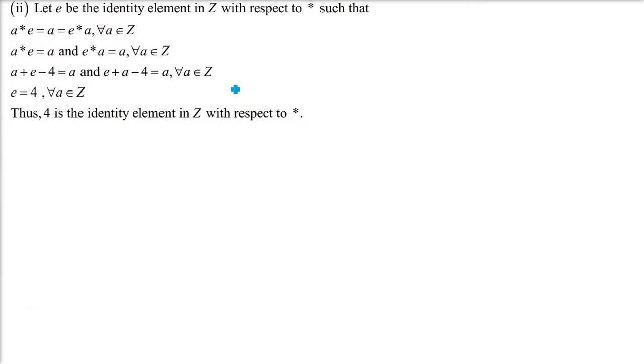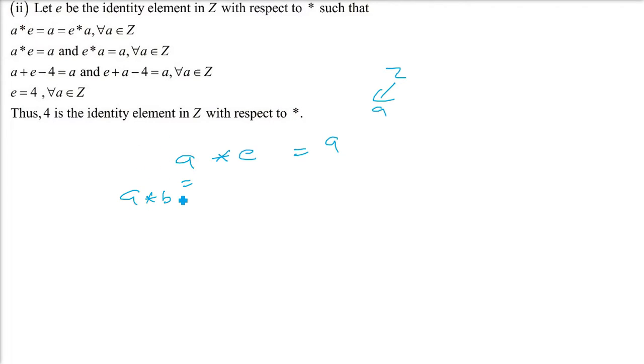Now we'll go to the identity element and then the invertible element. But in order to find the inverse, we need to find out the identity element. What is an identity element? You take any element from this set Z, and when you operate it with the identity element, which should also belong to Z, you should get the same value back again.